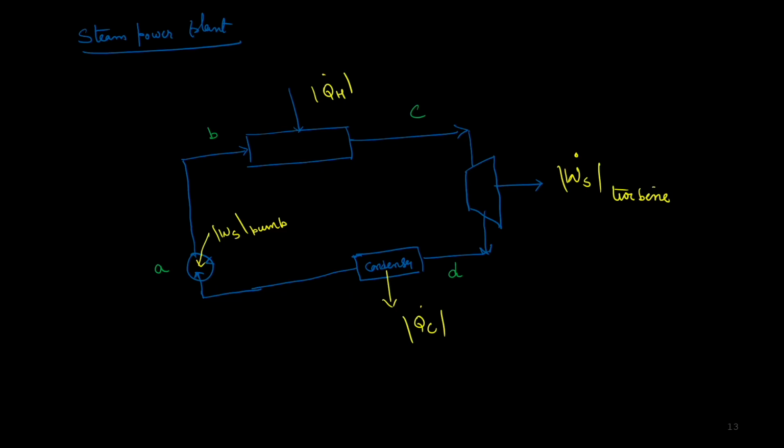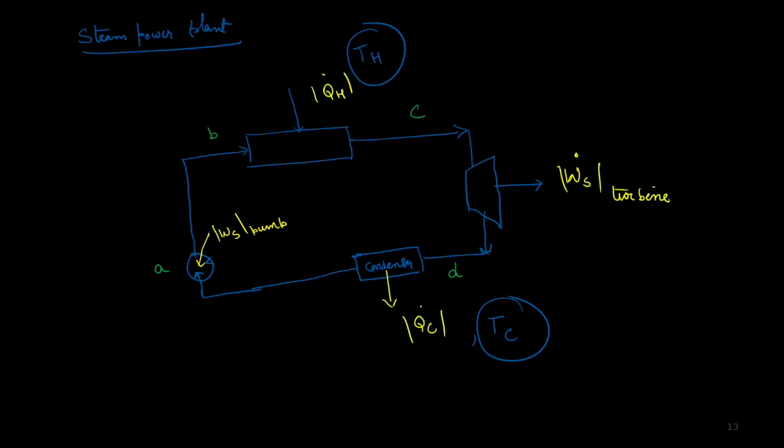So if you look at the conditions, this will be at TC here, and this will be at TH here. I have a liquid starting at A, which is compressed to a high pressure, same as that of the boiler, at B. And in the boiler, we add heat so that we make steam at high pressure, pH, and the temperature is going to be TH.